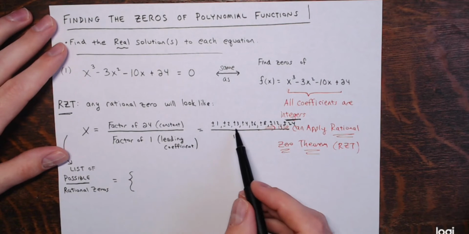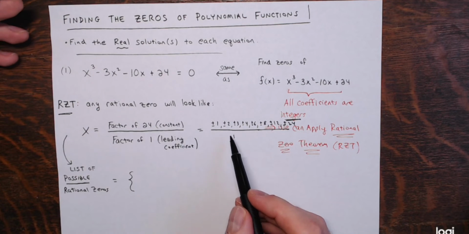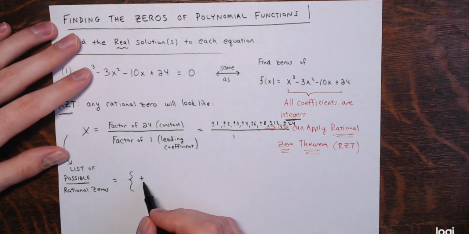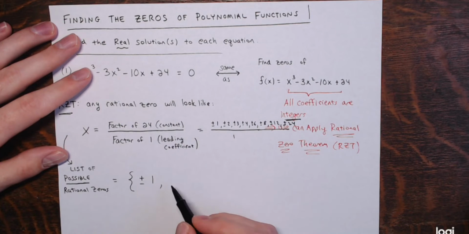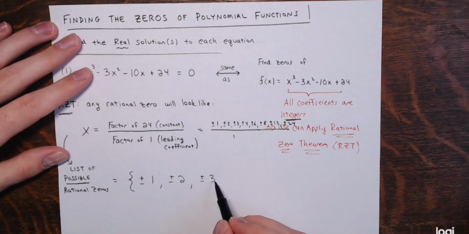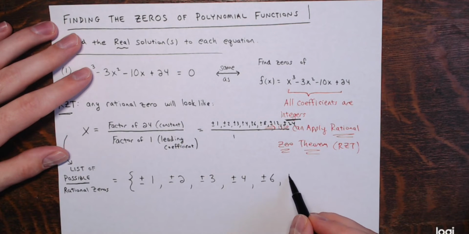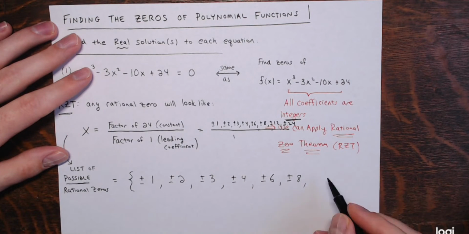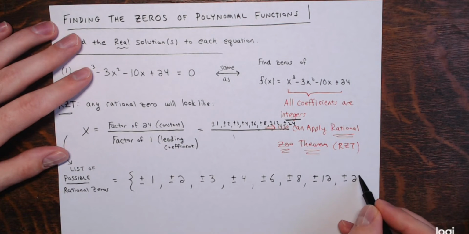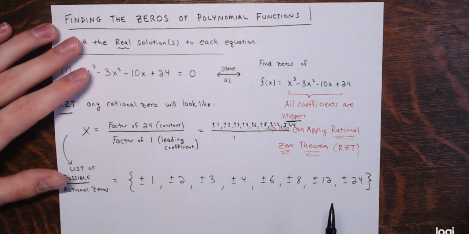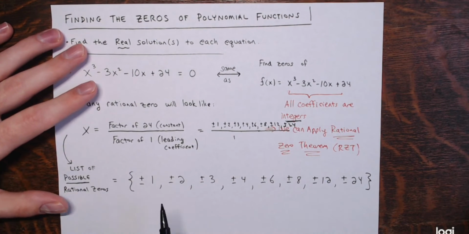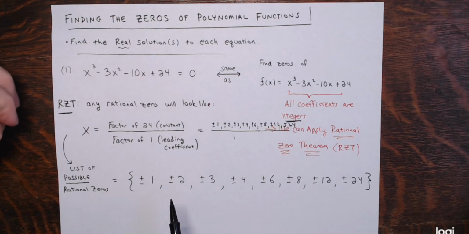Since the denominator is always 1, it's just these factors of 24: positive or negative 1, 2, 3, 4, 6, 8, 12, and finally positive or negative 24. So these 16 numbers are the possible rational solutions to this equation.